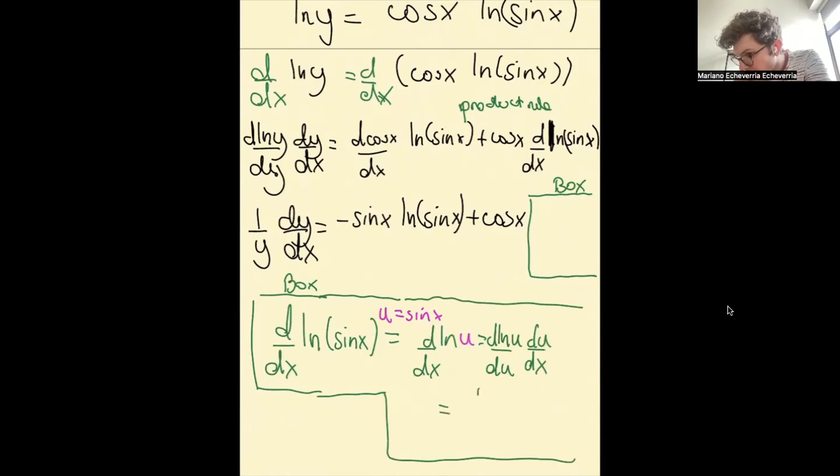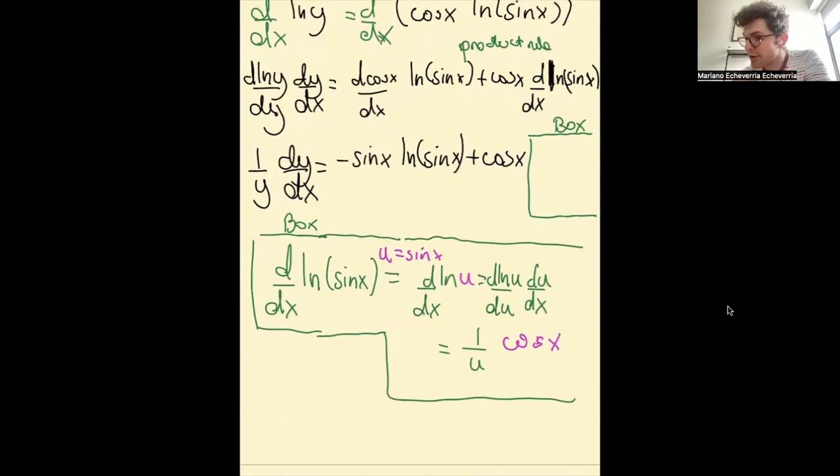So it gives you 1 over u. What's the derivative of u with respect to x? That's cosine of x. And what is 1 over u? 1 over u is 1 over sine of x.